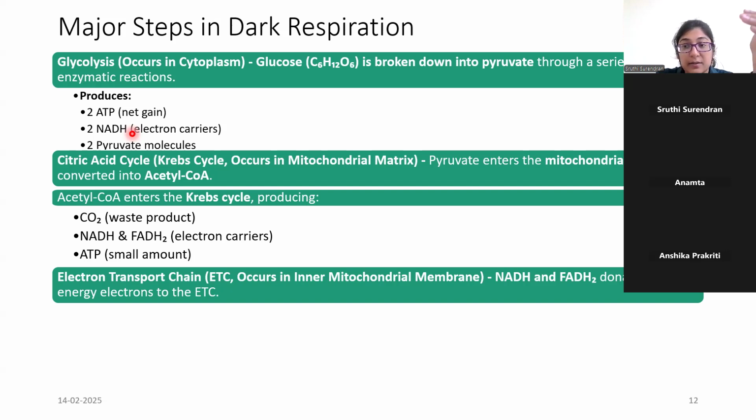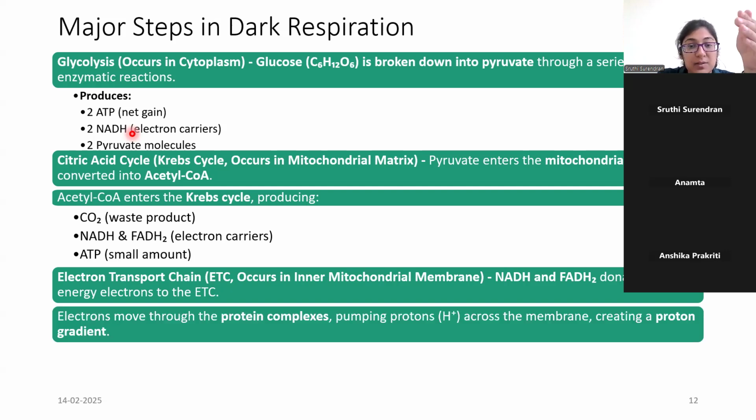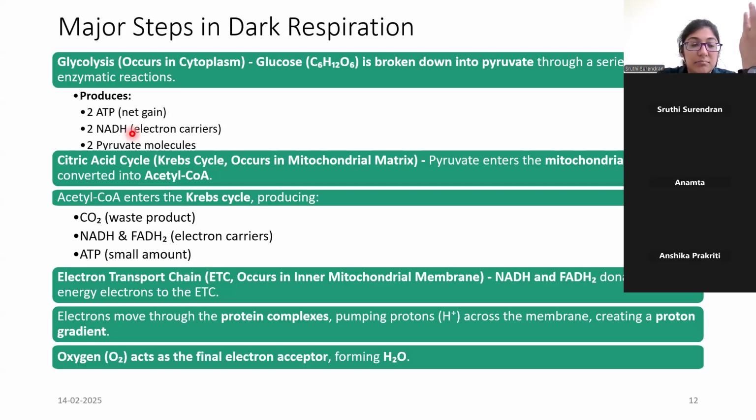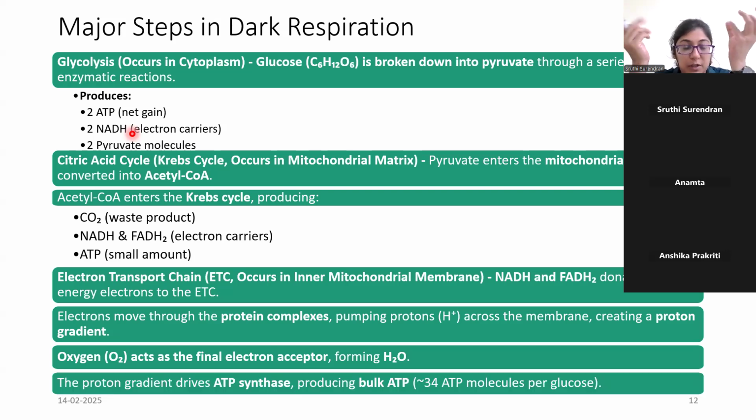These enter into the electron transport chain, and it is here in the electron transport chain that a proton gradient is created, and this is again releasing a bunch of ATP molecules, which is driving the ATP synthase, similar to what is happening in the light reaction.